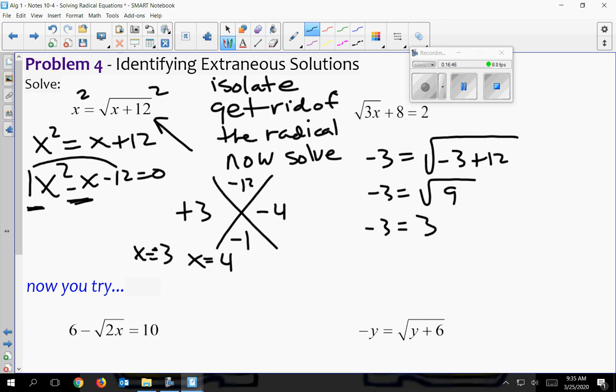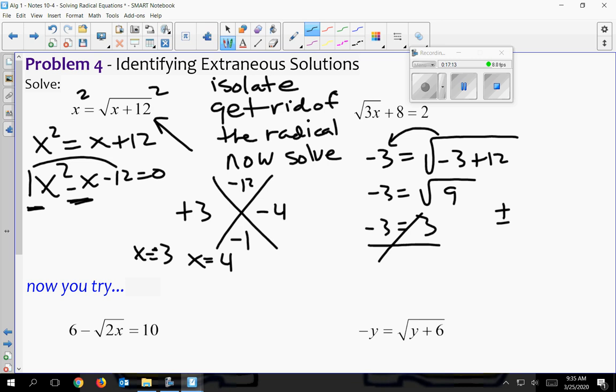Now, if you guys remember back in chapter 9, when we took the square root, it was really a positive negative number. Well, that technically shouldn't that work? And it doesn't. Okay, because I can't take the square root of a number and get just a negative number. All right, so that's an extraneous solution. It doesn't work.